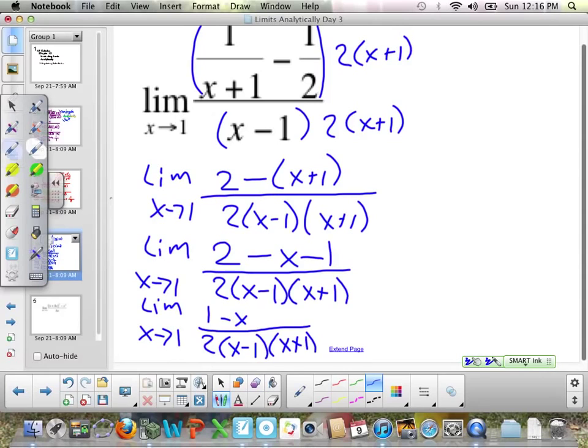We have the same thing up top and bottom, except the signs are different. So we'll factor out a negative 1 up top. So that'll be negative 1 times x minus 1. Our bottom, again, we're going to just leave that alone.